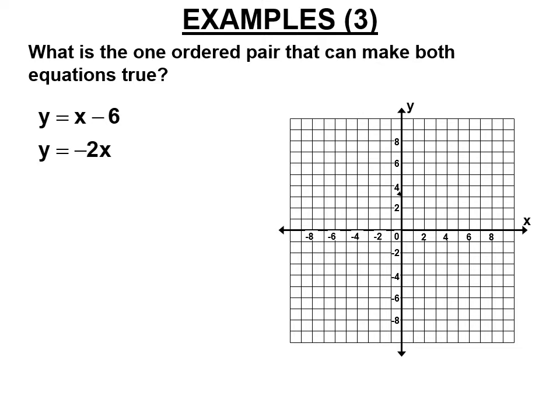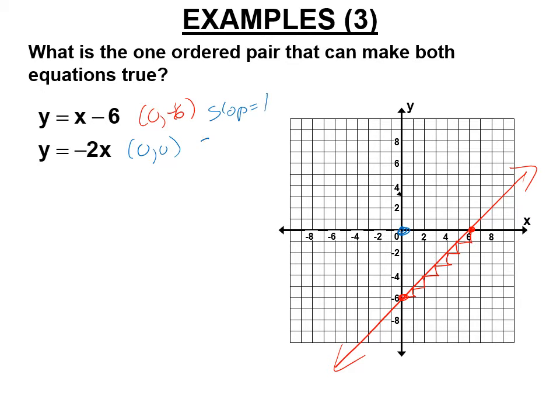The top one has a y-intercept of 0, negative 6, and a slope of 1. So we're going over 1, up 1. Graph that right there. And then the other one has a y-intercept of 0, 0, and a slope of negative 2.